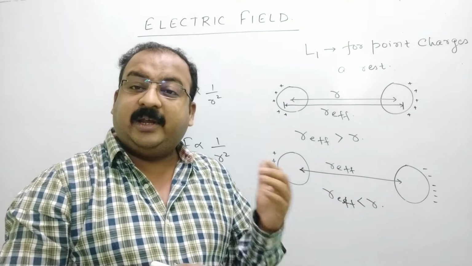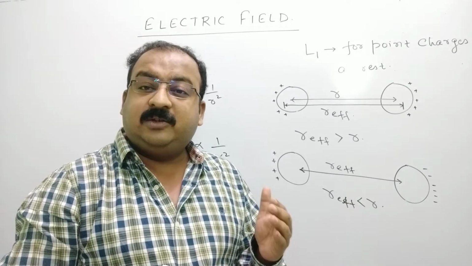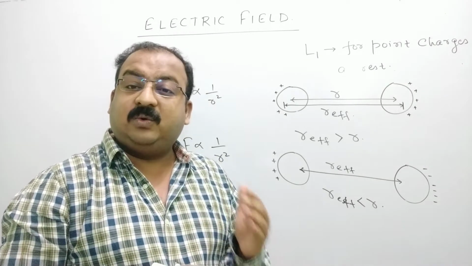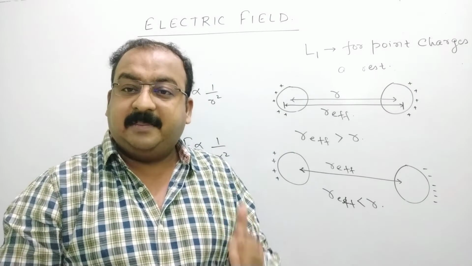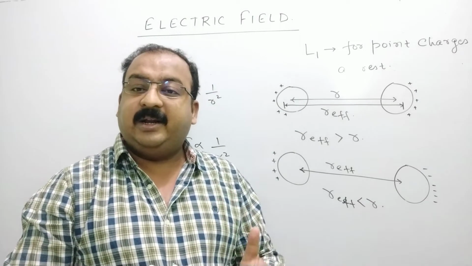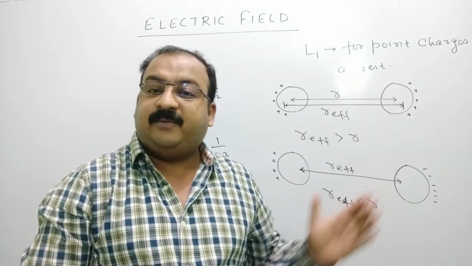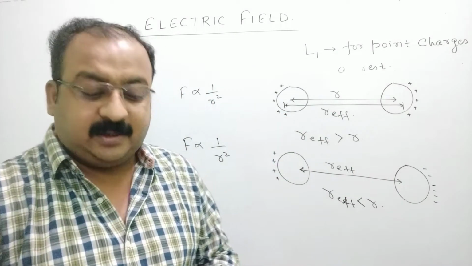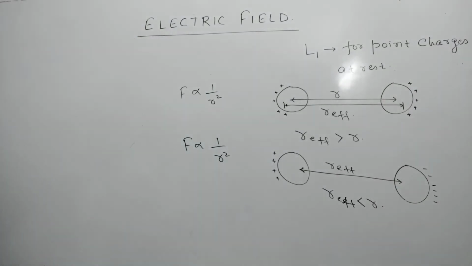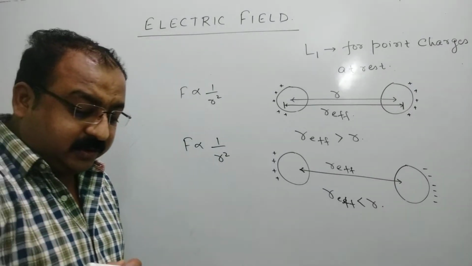So we need to be very careful when we apply Coulomb's law. That is why it is applicable for point charges, because in the condition of point charges there is no effect of induction between the charges. Fine? Okay.